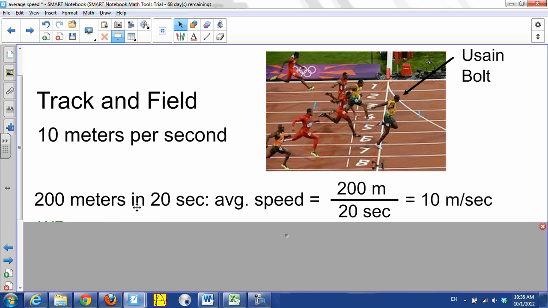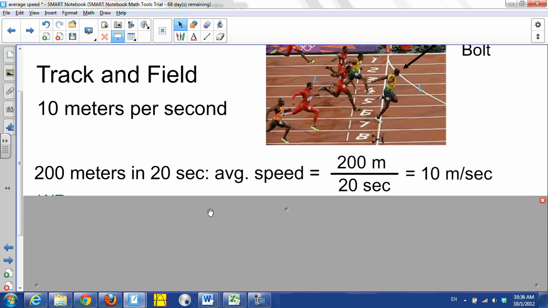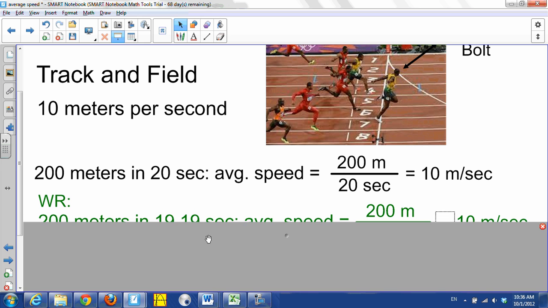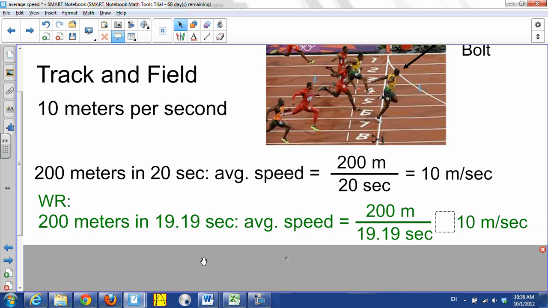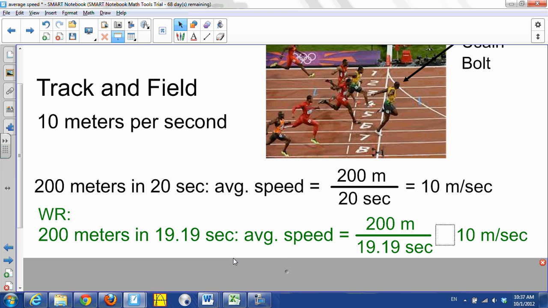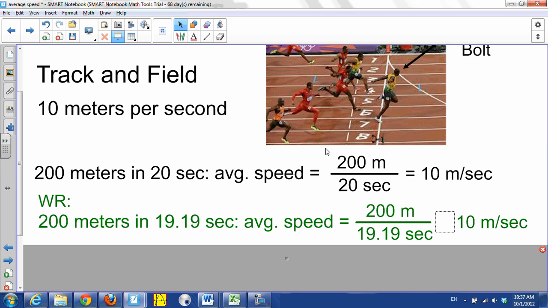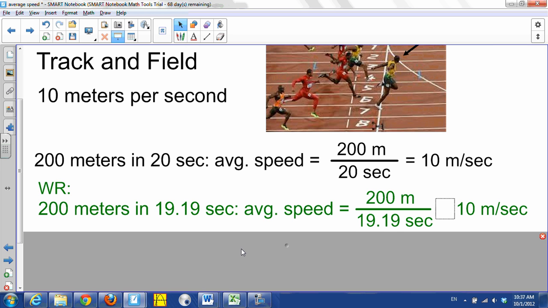meters are covered. Now, the world record in the 200-meter dash, guess who holds the world record? That guy right there, Usain Bolt. I think it was the 2009 World Championships in Germany where he set this world record: 19.19 seconds. Now, my question is, was the average speed greater or less than 10 meters per second?